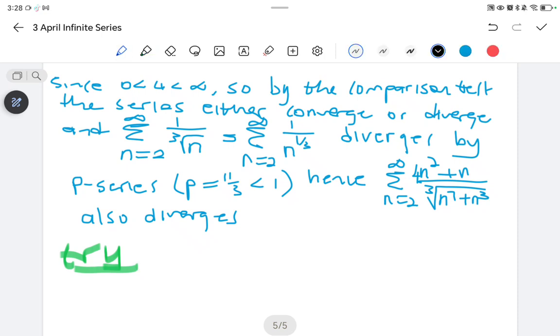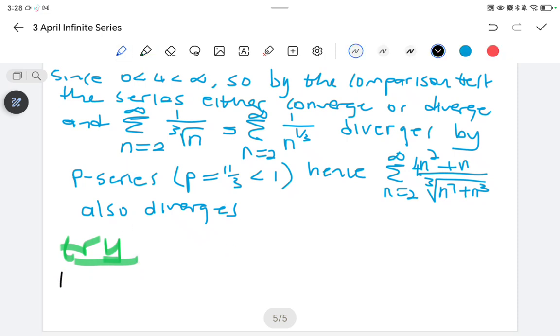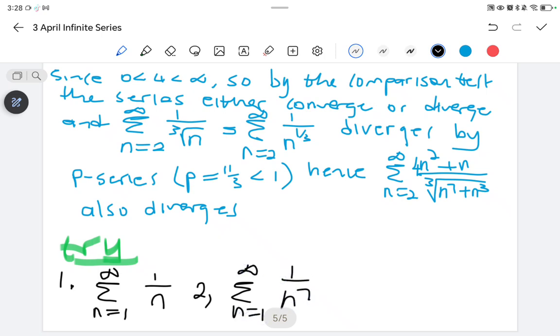Try. Number one, the summation from n equals 1 to infinity of 1 over n. You must try this. And also number two, you must try the summation from n equals 1 to infinity of 1 over n squared using the limit comparison test.